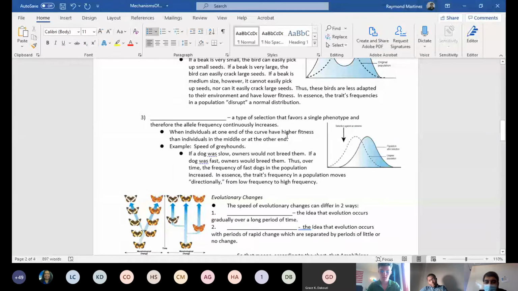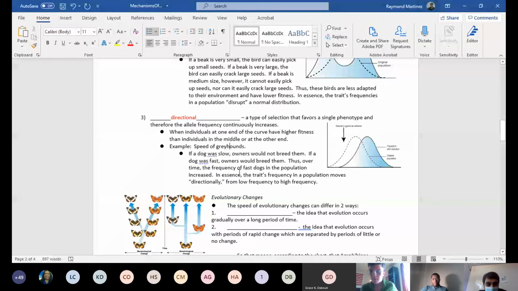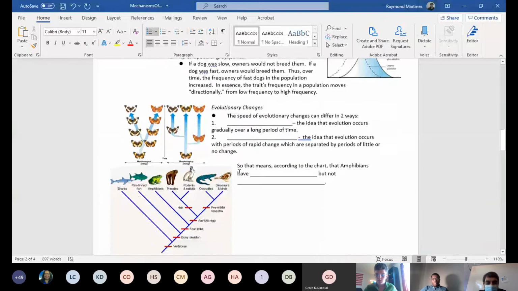A type of selection that favors a single phenotype and therefore the allele frequency continues to increase. So there's a shift. Directional. Very good. Directional. See how easy it is, man? You guys are geniuses. This test is going to be easy.